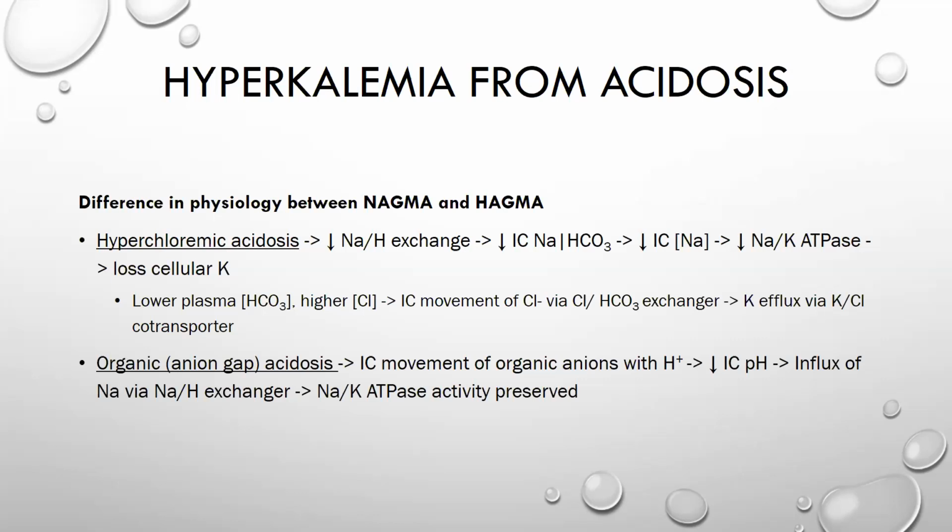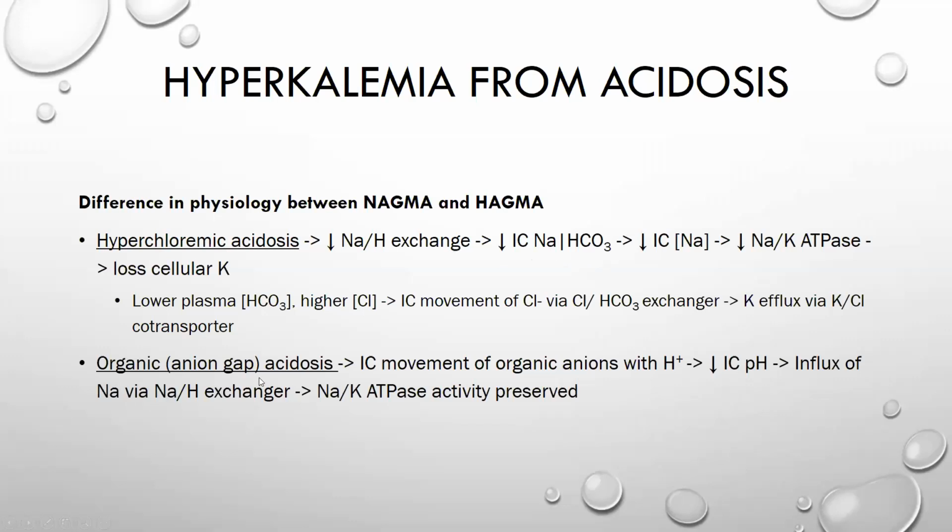And you see more of a shifting of potassium, acidosis causing hyperkalemia, from hyperchloremic or non-anion gap metabolic acidosis because ultimately you're decreasing your intracellular sodium concentration, therefore decreasing the activity of your sodium potassium ATPase. This is a mechanism of how it happens. I have a pretty nice schematic in my later slides to show this.